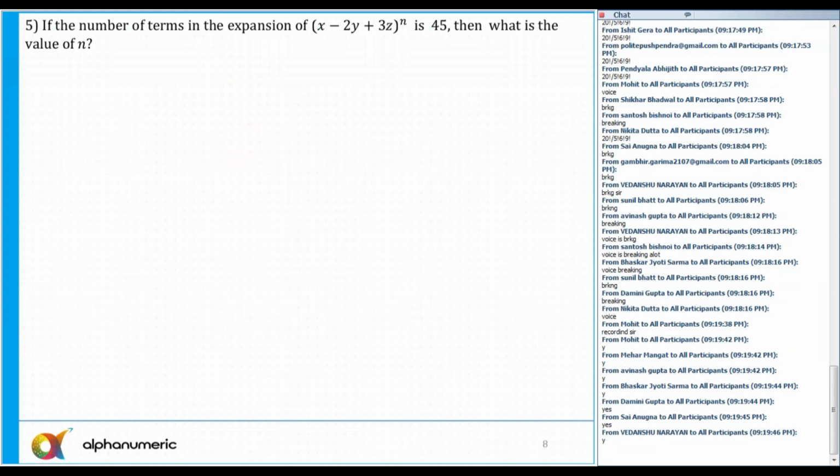Sorry, question number 5. If the total number of terms in the expansion is 45, then what is the value of n?